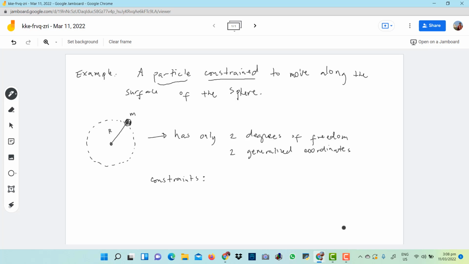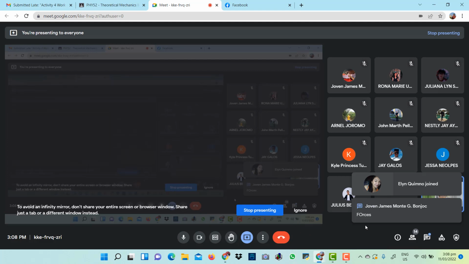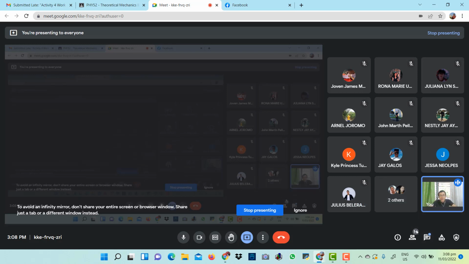It is at the surface, along the surface, the motion of your mass, your particle. So I have 3 originally, but I have 1 equation of constraint. The question is, what is the equation of constraint for our system? Yes, thank you, Joven, but it's not a force.